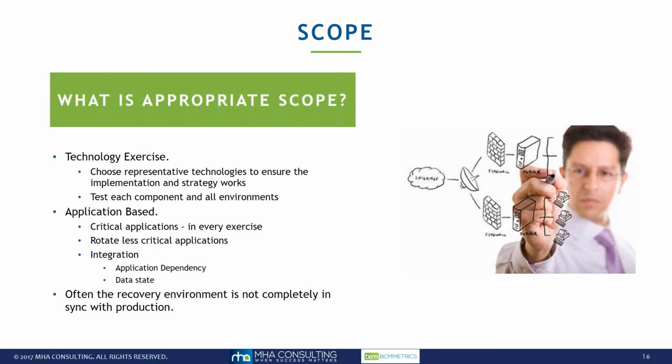Let's say you have two or three different backup technologies. Maybe you'll do one backup of each. Or if you have a virtual environment running, you'll do some of the virtual, but then you have some physical Unix and some physical Windows. Then you might choose several of those to look and make sure that those technologies are working.